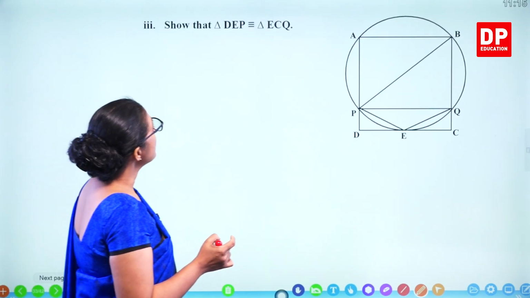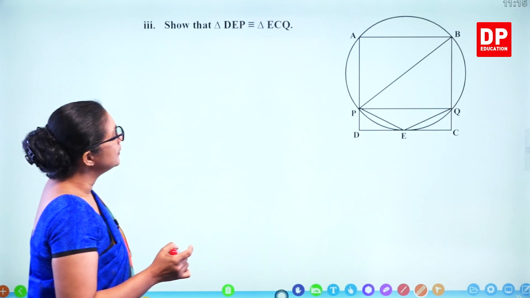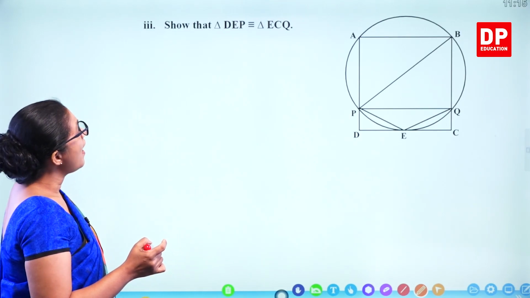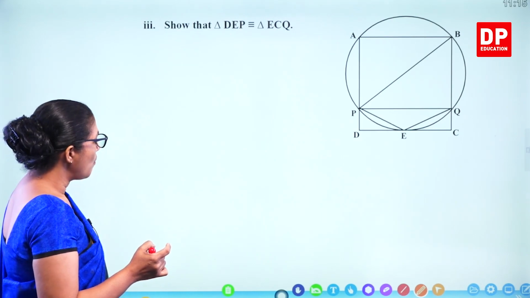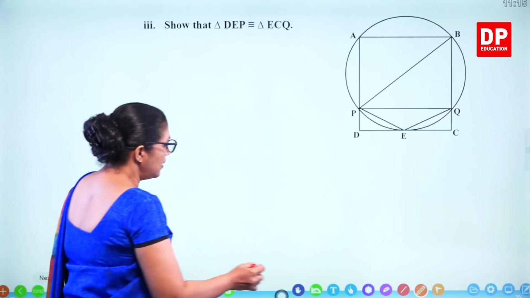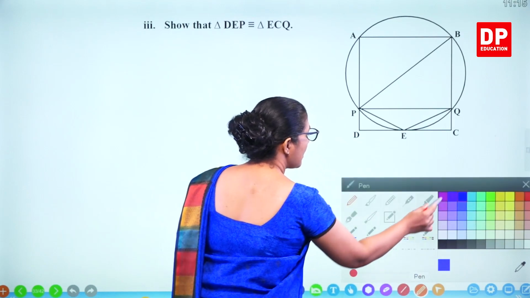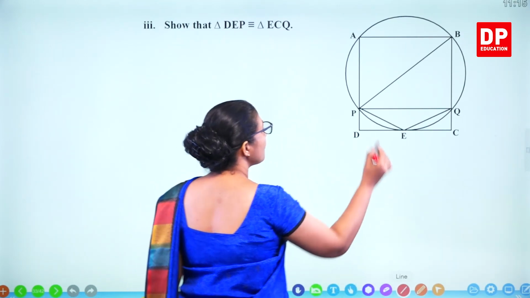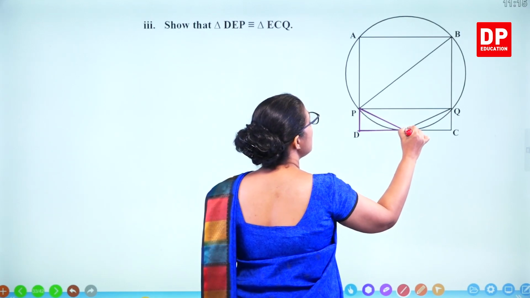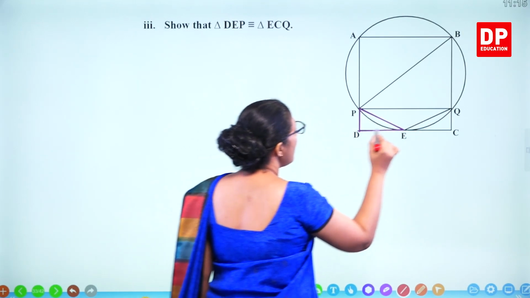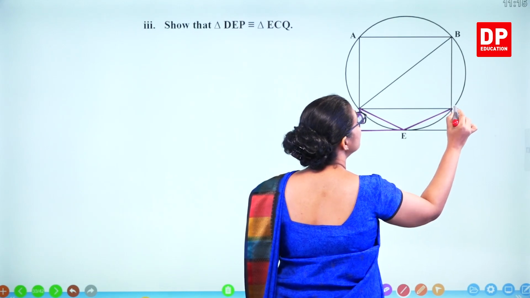Third part: show that triangle DEP is congruent to triangle ECQ. So we'll take that one. DEP and ECQ, this one.